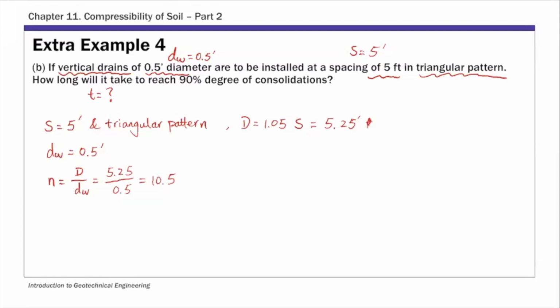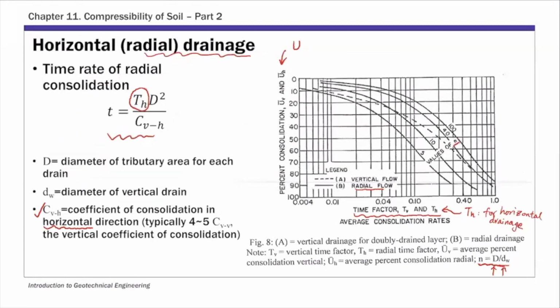So that's small n. And from this figure, our target is 90% degree of consolidation. In vertical drain case, we use table 11.7 to find the corresponding time factor. And for this horizontal or radial drainage case, we're going to use this figure here.